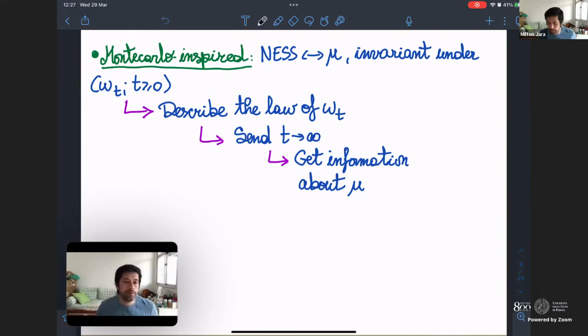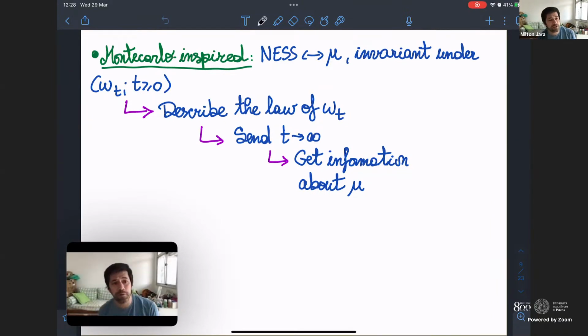Then the question of simulating the measure is translated into the question of simulating the Markov chain. And in many situations, it's much easier to simulate the Markov chain than to directly simulate the measure that you want to simulate. So this has been amazingly effective in so many places, and there is a huge literature about it, so I'm not going to enter into the details.